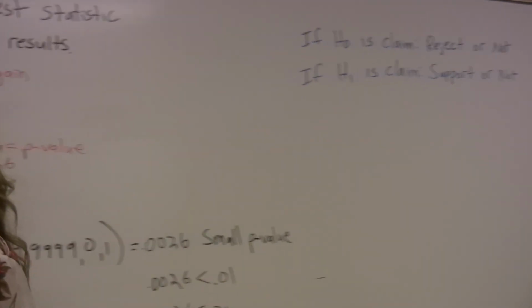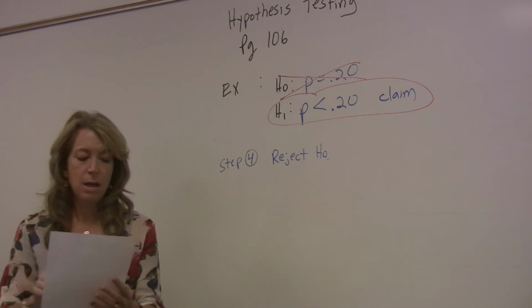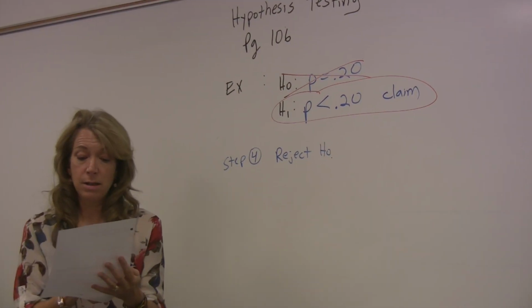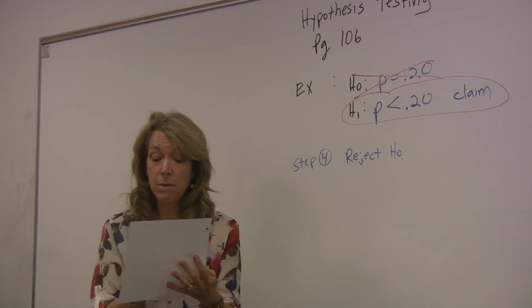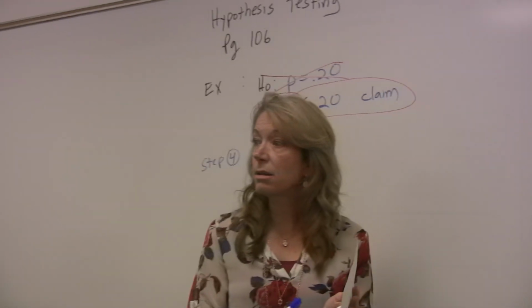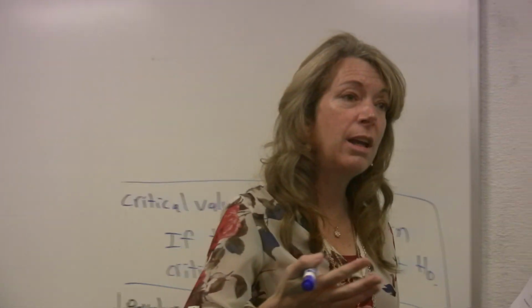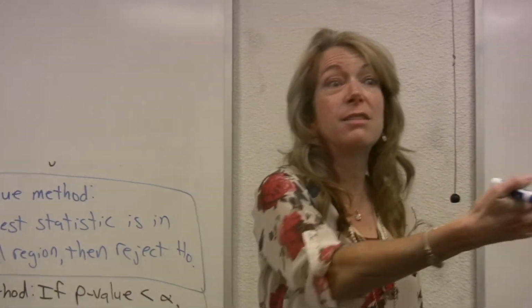So we reject H0. So our final conclusion is, I actually wrote it there, there is sufficient evidence to support the claim that the percentage of Americans who know their credit score is less than 20%. We always say there is sufficient evidence if you're rejecting, you have enough evidence to reject.